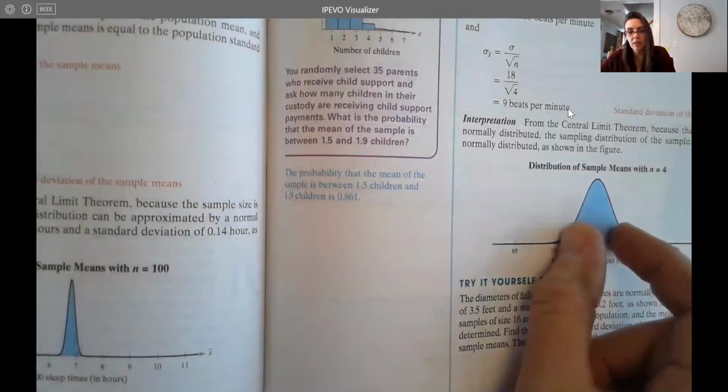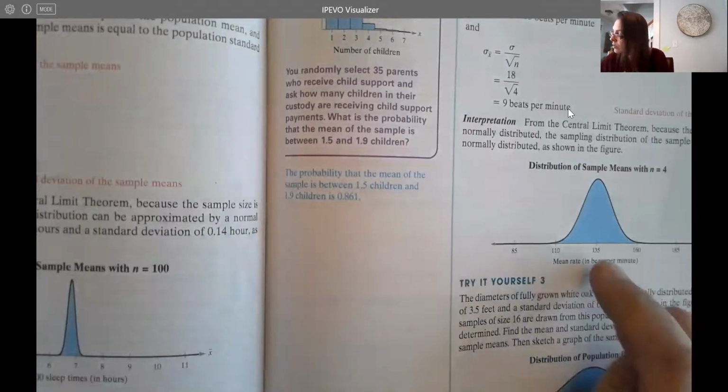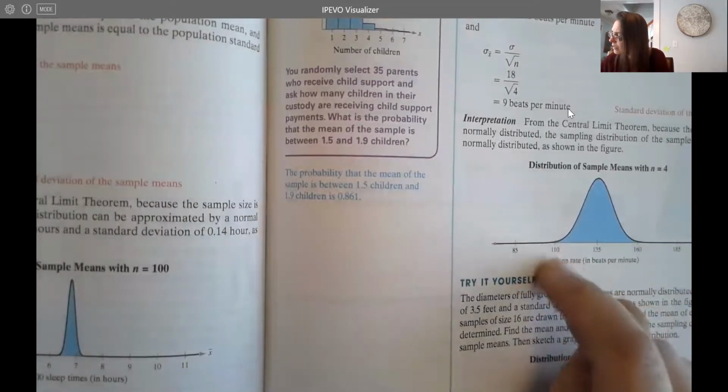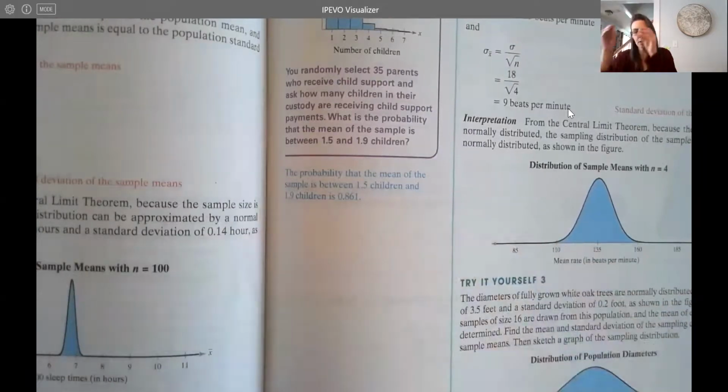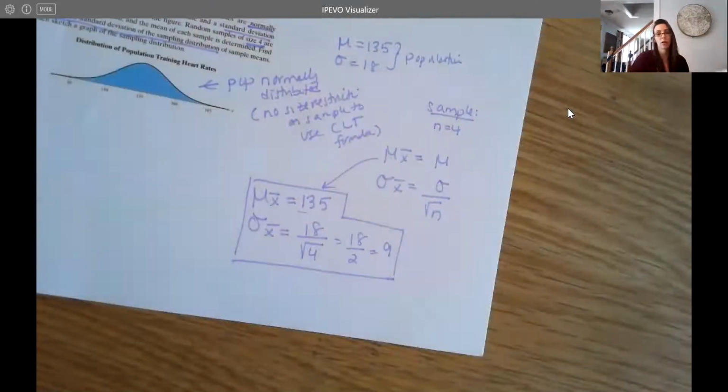Most data is going to occur within 2 standard deviations, so plus or minus 18, and particularly 3 standard deviations, so plus or minus 27. You do see that the 27 mark is pretty close to that 160 value, and same thing down here, pretty close to that 110. So most of your data is going to be within 3 standard deviations, and that would be your graph. The sampling distribution for those means is going to be bell-shaped. It's still normal as well.